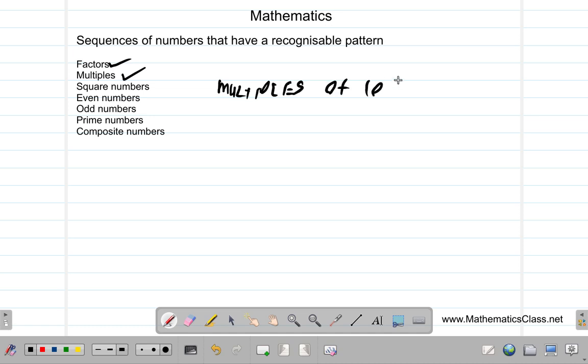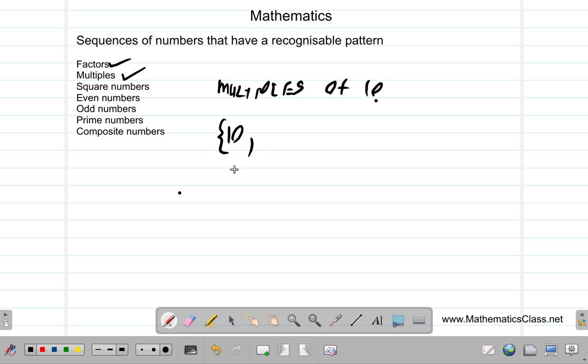A multiple is a number that is divisible by the number you look at, which right now is 10. For the multiples of a number, the number can go into them without leaving a remainder. So, who can tell me the smallest multiple of 10? 10 itself. 10 can go into itself without leaving a remainder.